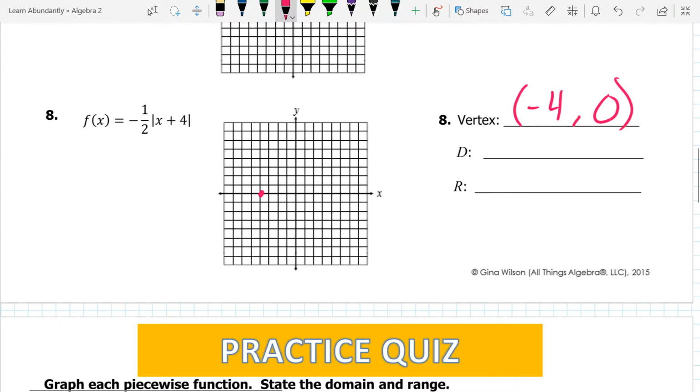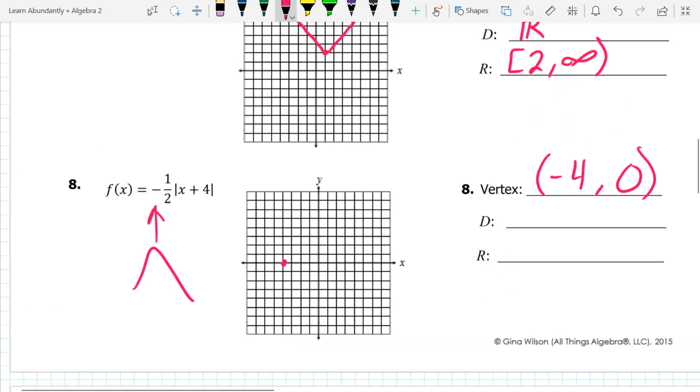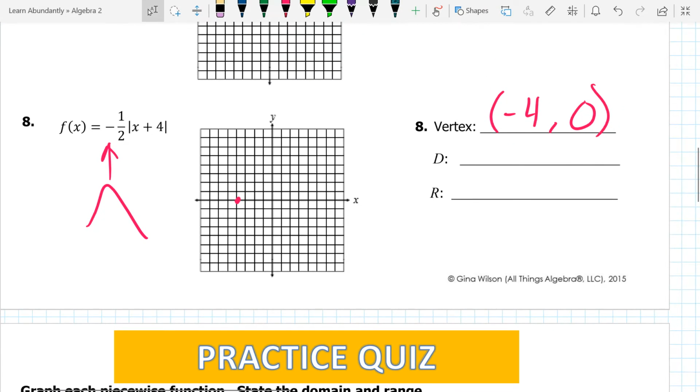And then I'm going to try to graph that. But I have a flip, and it's made the slope go a little bit flatter. So I'm going to go down 1 over 2. So I'm going to try to graph this here. Down 1 over 2.